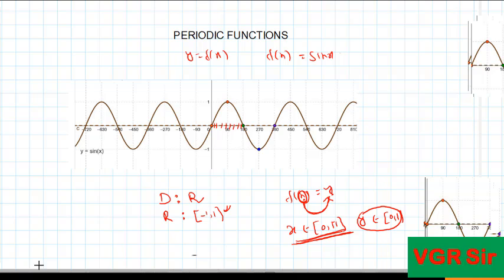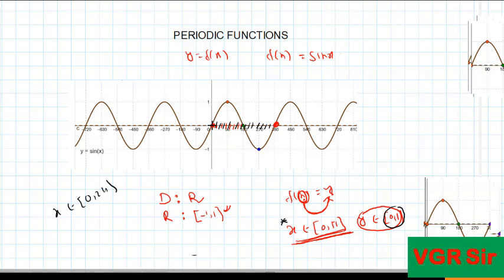If I choose an x interval as 0 to pi, your y values are 0 to 1. So 0 to 1 is not the total of -1 to 1, it is only a part of -1 to 1, but I want the total -1 to 1, so I want to choose a positive interval x. Okay, observe here, if x is taken as 0 to 2 pi, this is 2 pi.